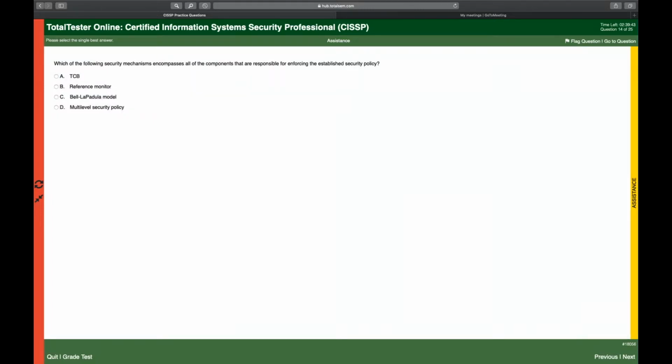Number 14, which of the following security mechanisms encompasses all of the components that are responsible for enforcing the established security policy? I am ready. All right, go for it. Alpha.